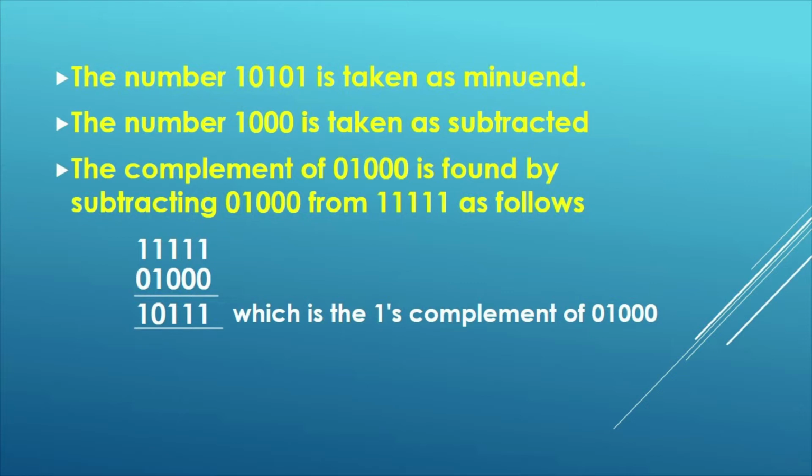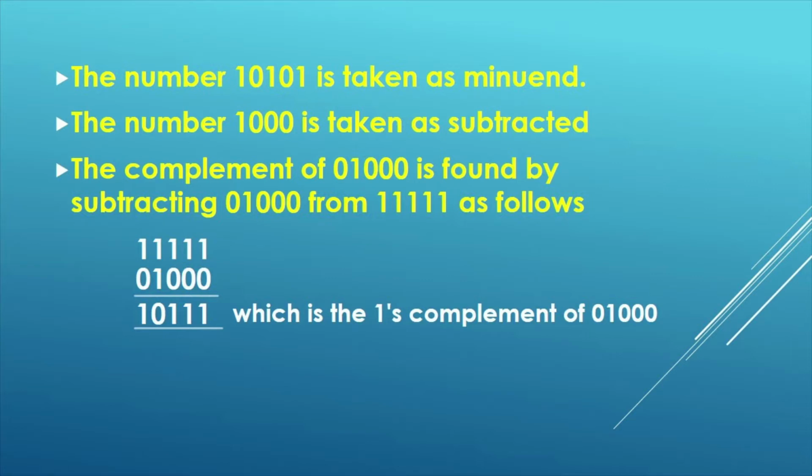11111 to get the complement, which you can see we have done. I've shown the method below, which shows 11111 minus 01000, and the complement comes as 10111. This complement must be added with the minuend, which is 10101.